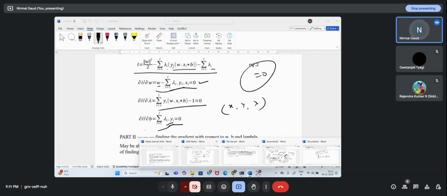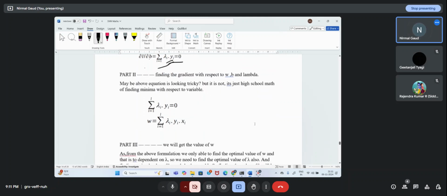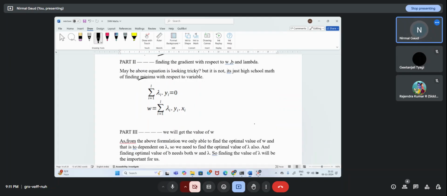Okay, but still I'm not getting the value of x, y, and lambda. These two are the relevant equations which we got from above.